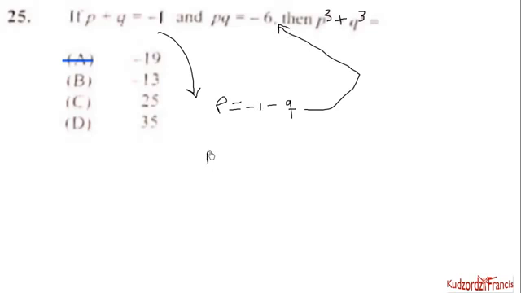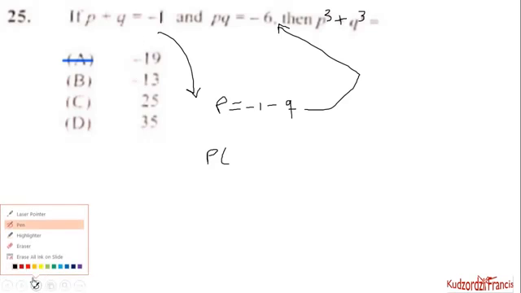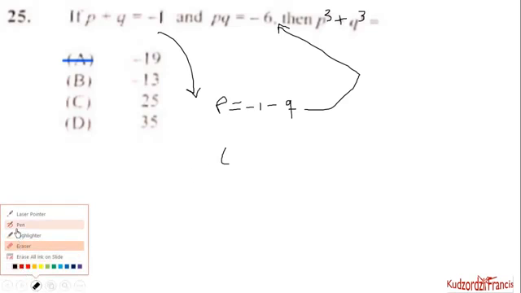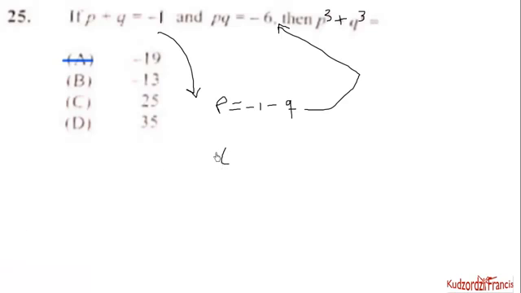So we will get P into Q, and we have P equal to -1 minus Q. So we are going to get Q into -1 minus Q is equal to -6.